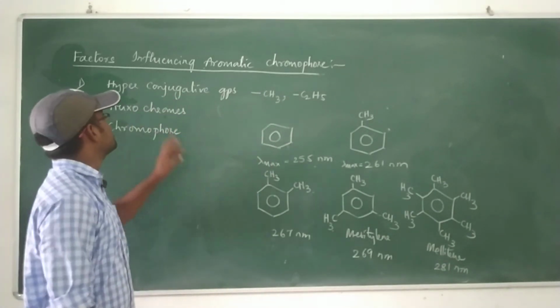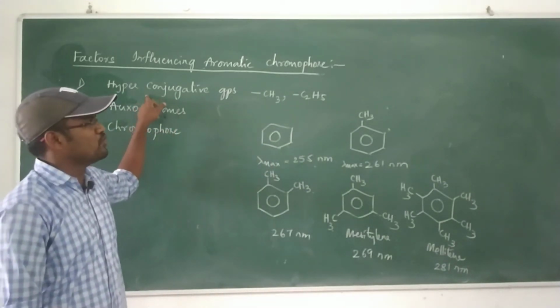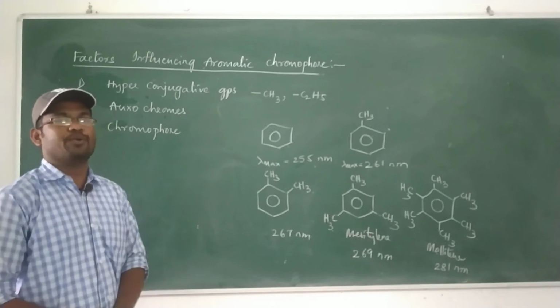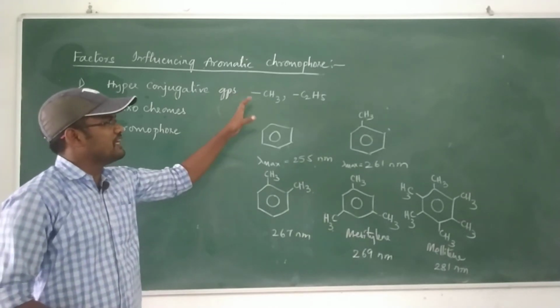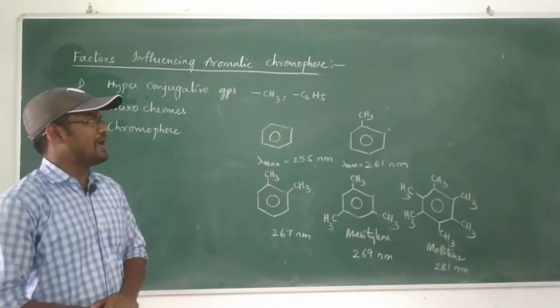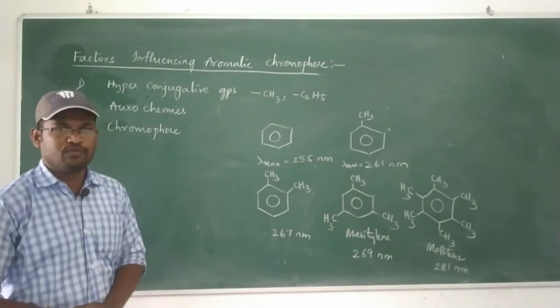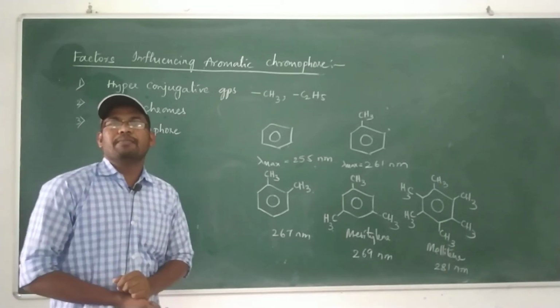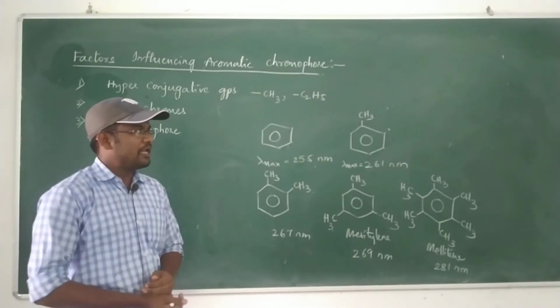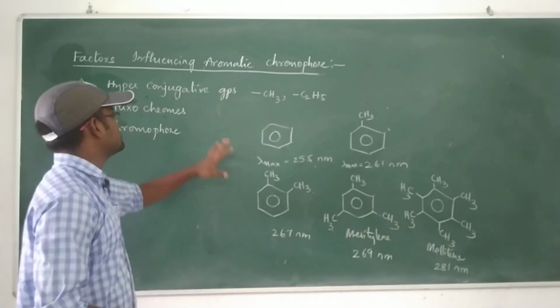This is hexamethyl benzene. So this is the first factor, hyperconjugative groups. Best examples are methyl, ethyl, propyl. Hyperconjugative groups simply increase lambda max values of the aromatic chromophore. On increasing the number of hyperconjugative groups, the lambda max value also increases.